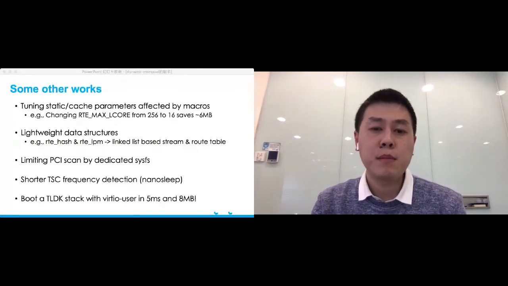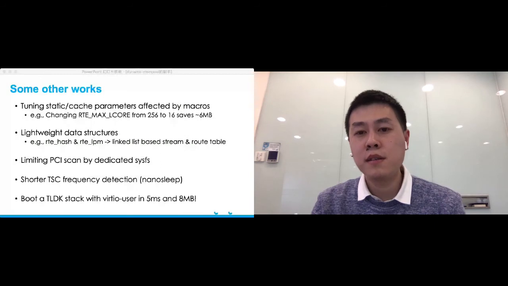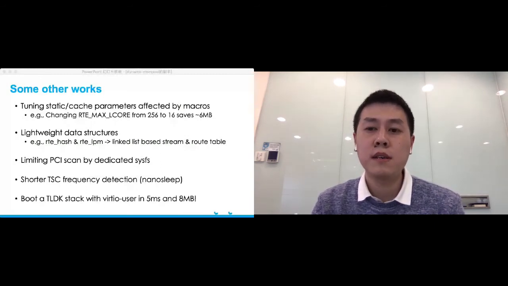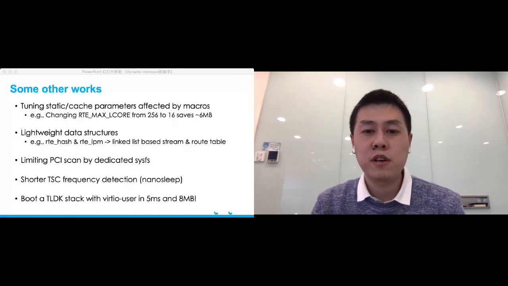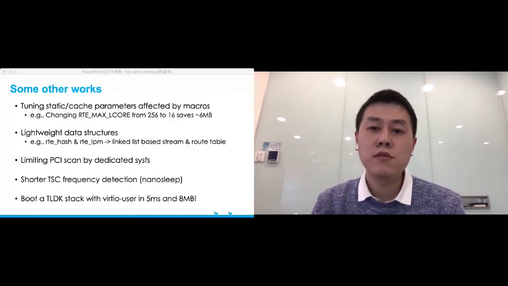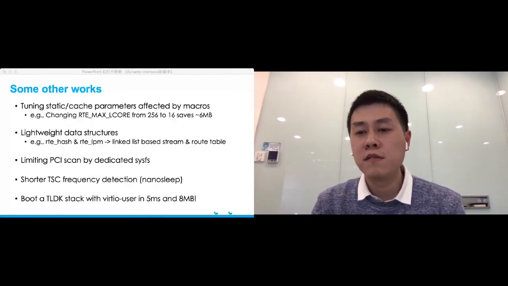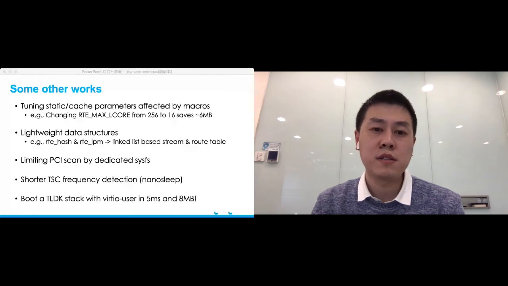Besides dynamic mempool, we also did some other work to make DPDK and DPDK v2 more cloud native. For instance, we tuned static cache parameters affected by macros, such as RTE_MAX_ERRNO, from 256 to 16 to reduce the size of some global arrays and structures.